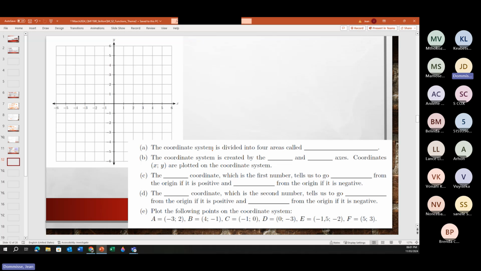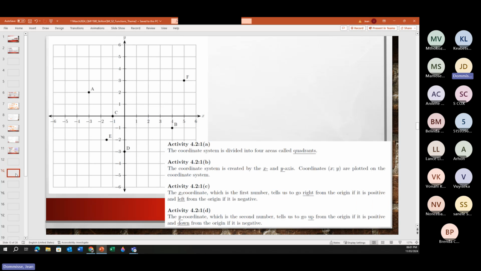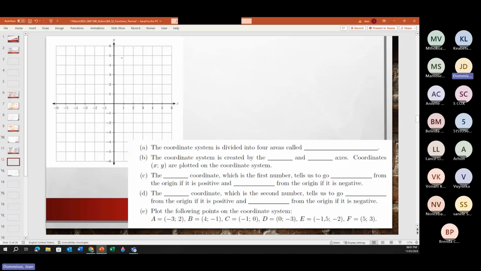The coordinate system is divided into 4 areas. We have talked about it in the previous one. Those 4 areas are called quadrants. Why quadrants? Because this area is divided into 4 areas, into quarters. That is why it's called quadrants.